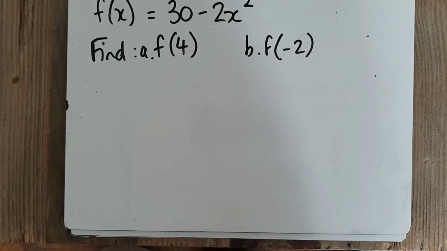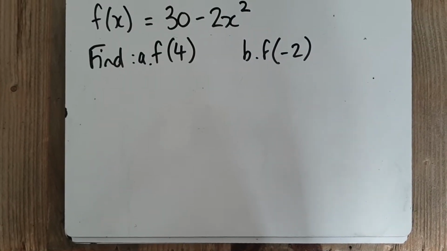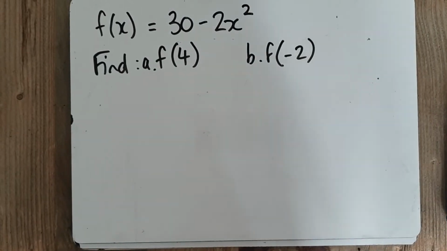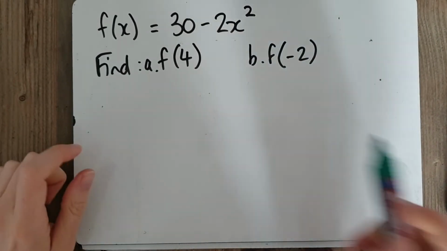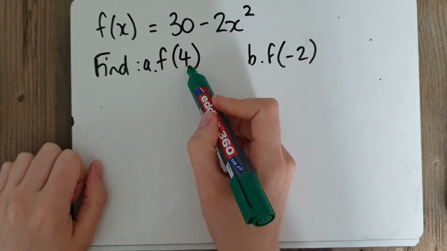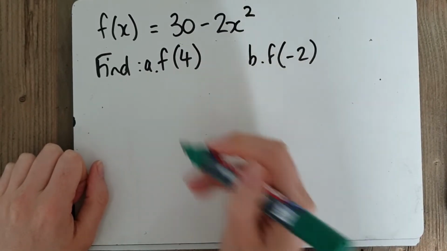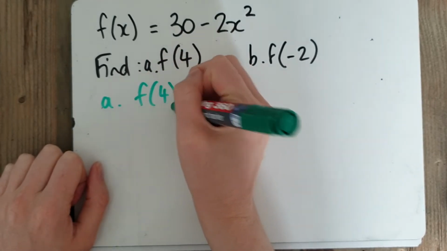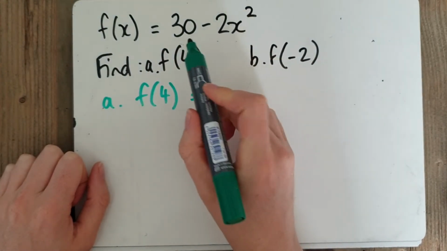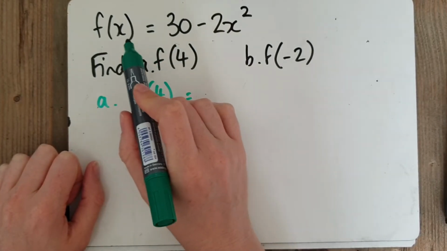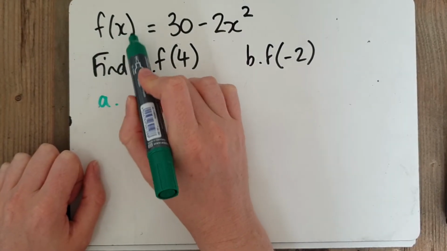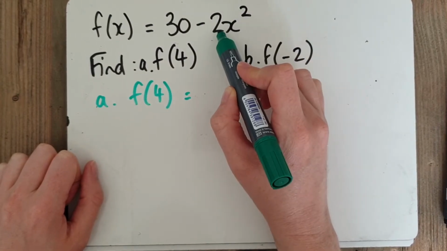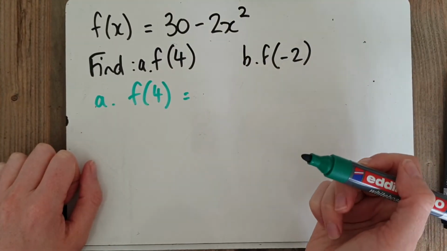So the first example we're going to do is this one. f of x equals 30 minus 2x squared. And we need to find f of 4 and f of negative 2. So I'm going to write out what I'm finding, f of 4. And then if I look in the original equation, this function takes whatever's in the brackets, it squares it, it multiplies it by 2, and then it subtracts it from 30.